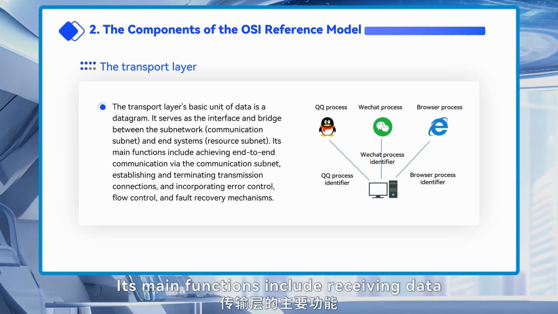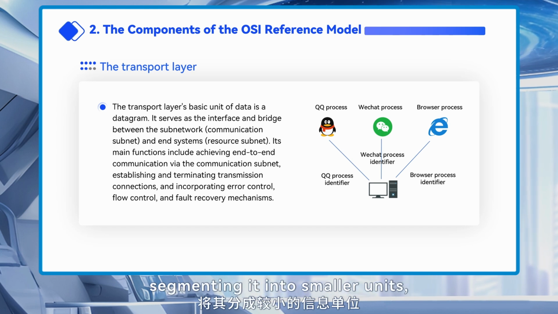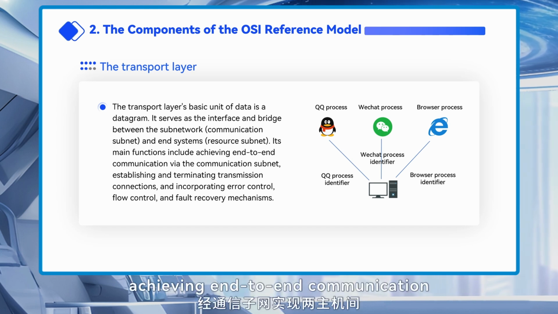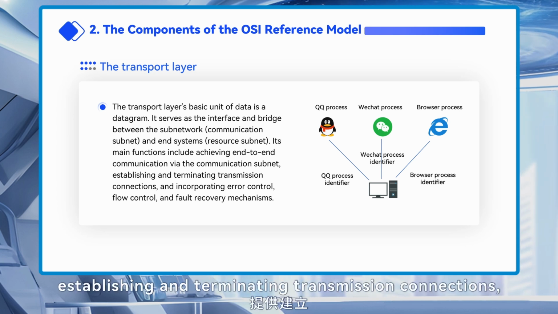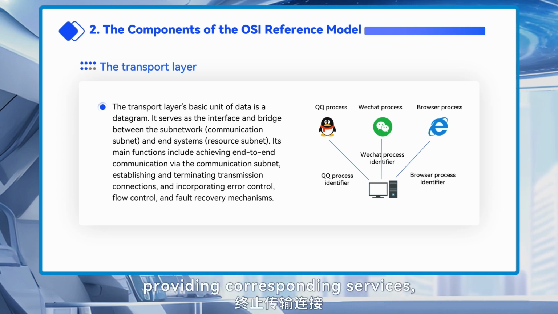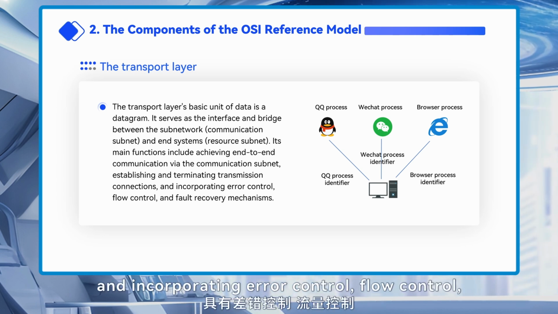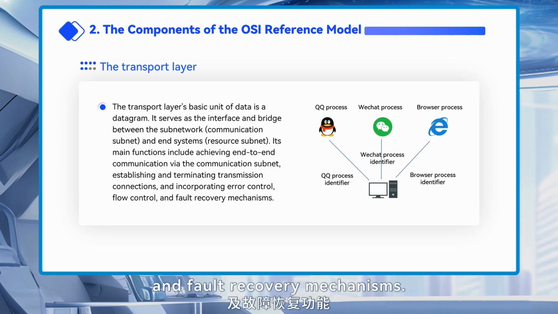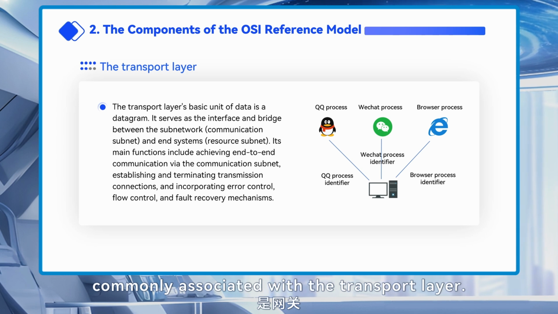Its main functions include receiving data from the session layer, segmenting it into smaller units, achieving end-to-end communication via the communication subnet, establishing and terminating transmission connections, providing corresponding services, ensuring reliable and transparent data transmission to upper layers, and incorporating error control, flow control, and fault recovery mechanisms. Gateways are devices commonly associated with the transport layer.